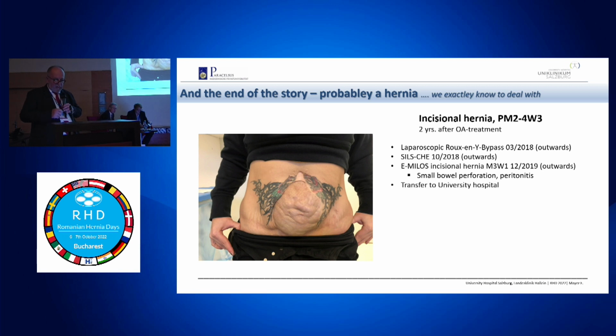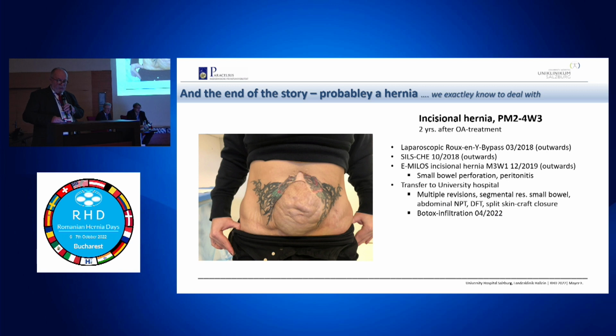So after, I think it was more than 10 days, the patient was transferred to our department with an open abdomen. Needed multiple revisions, segmental resection of small bowel, abdominal negative pressure therapy, dynamic fascial closure, and finally, we decided to perform a split skin graft closure in this case, because we couldn't close after this long period of time.